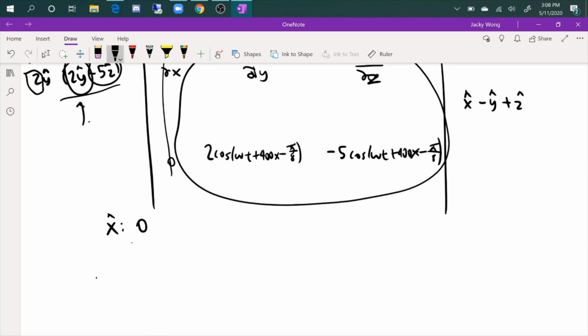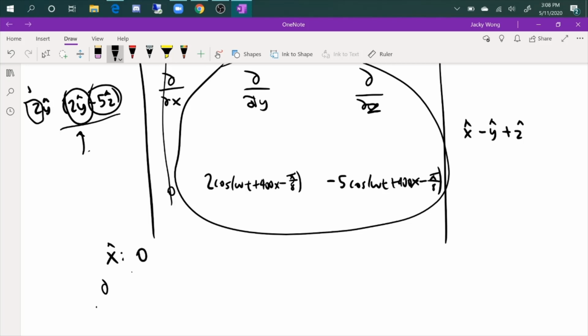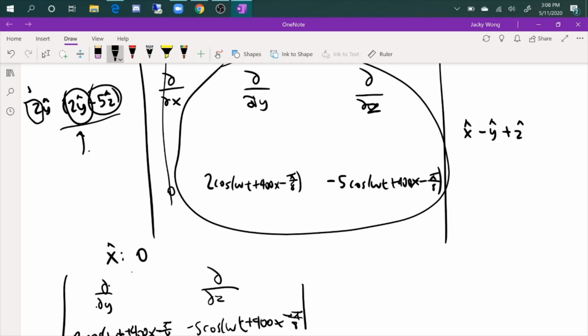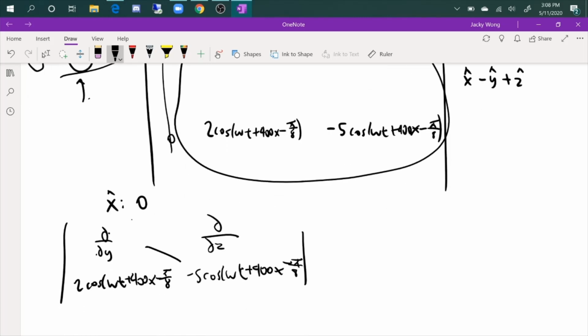If we do AD minus BC for this matrix, AD will have negative 5 cosine omega t plus 400x minus pi over 8 times d dy.